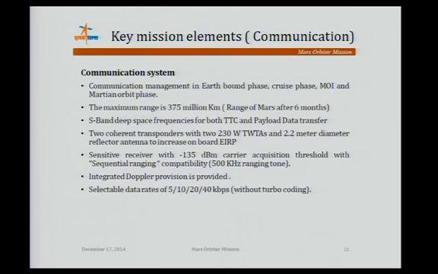Sensitivity of the receiver was minus 135 dBm. There is sequential ranging with a 500 kilohertz ranging tone, which is majorly required for accurate estimation of range and range rate. Integrated Doppler provision is put in, and data rates are selectable: 5, 10, 20 and 40 kilobits per second, with or without turbo coding.